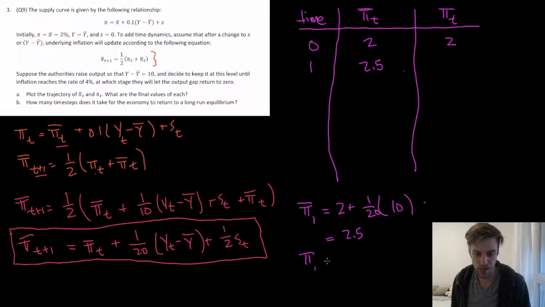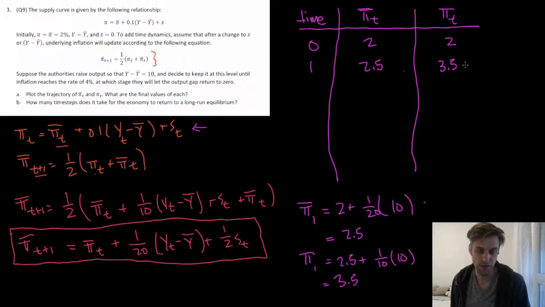So pi 1, using this equation, is going to be equal to pi bar 1, see, the t and the t are the same, so we use the one we just computed, 2.5, plus 1/10 of the output gap, which is 10. And so that will be 3.5.